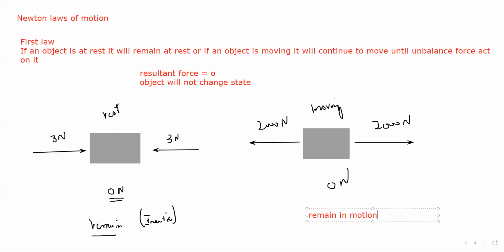So inertia is a property of an object to resist the change in state. And inertia is proportional to mass. Greater mass means higher inertia. That's why, for example, if a car is moving and a truck is moving with the same speed, it will be difficult to stop the truck because it has greater mass, or we can also say it has a greater inertia.